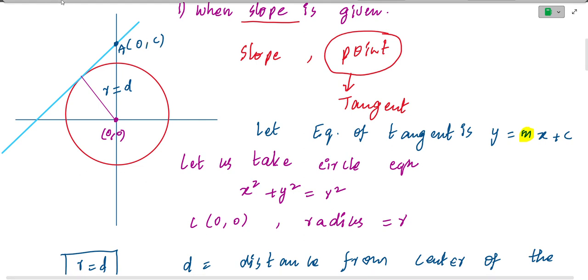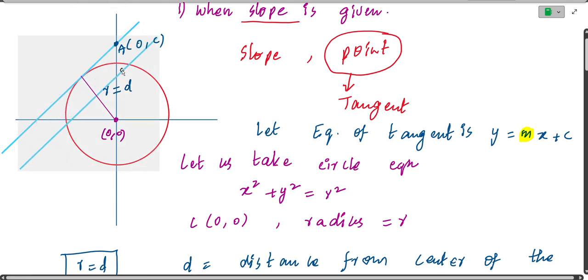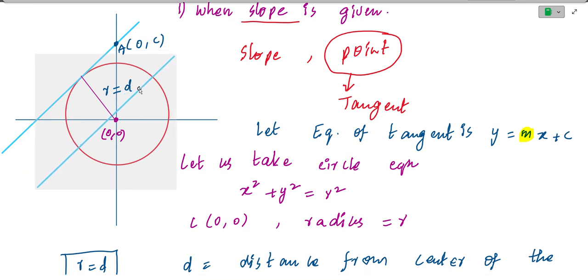If I move this tangent, it is becoming a secant to this circle now. And again, if I move further and further, at this point again it is becoming a tangent, the straight line with the same slope. So we have the two tangents now.